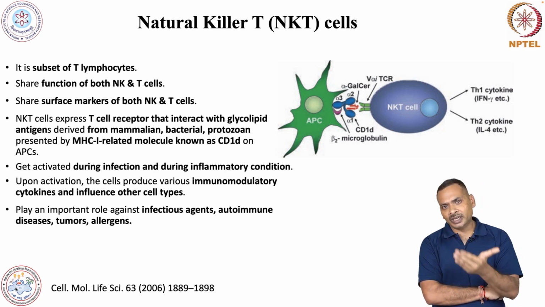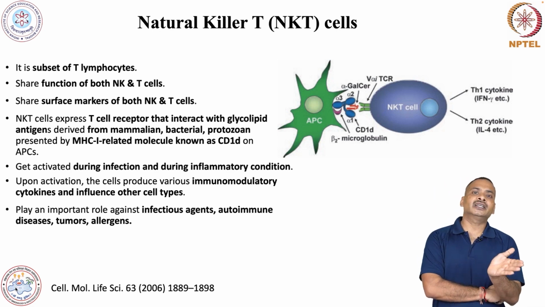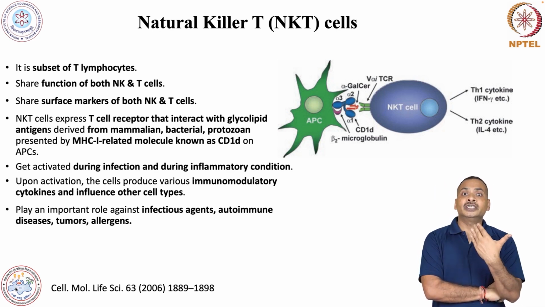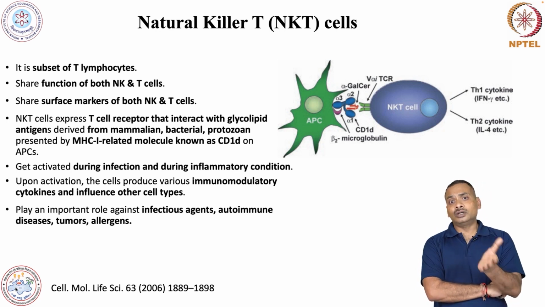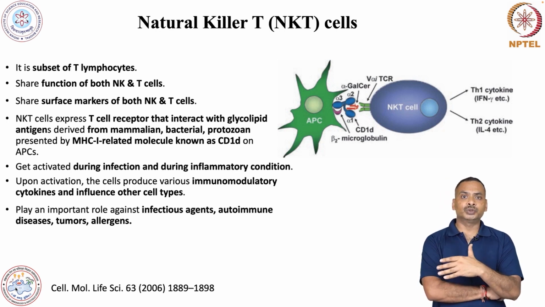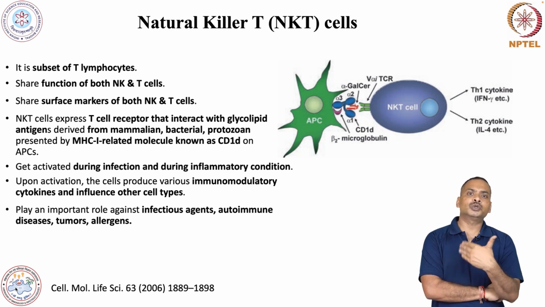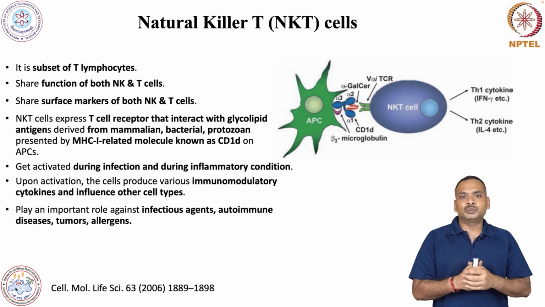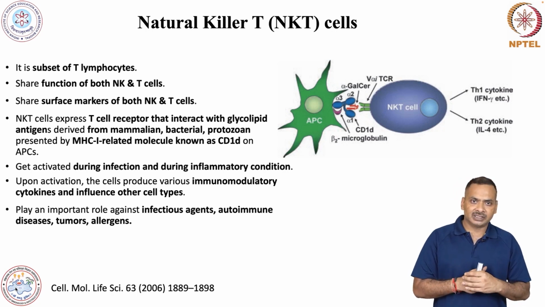Upon activation, the NKT cell can induce a Th1 cytokine, for example interferon gamma, or it can also induce a Th2 immune response such as production of IL-4. Th1 and Th2 responses I will explain in more detail in an upcoming session.